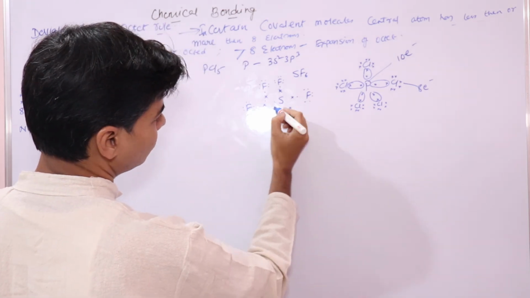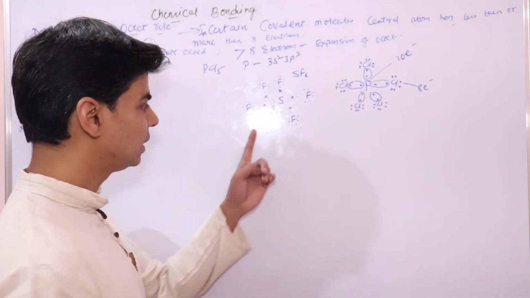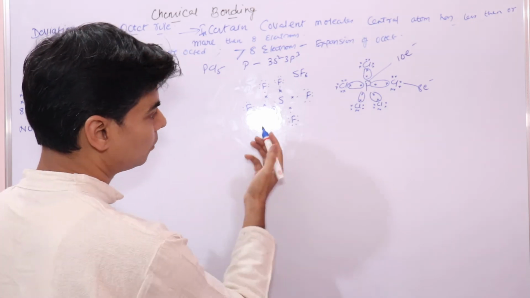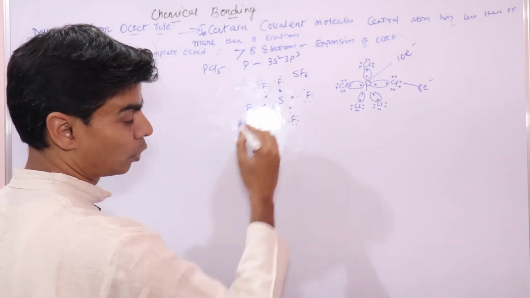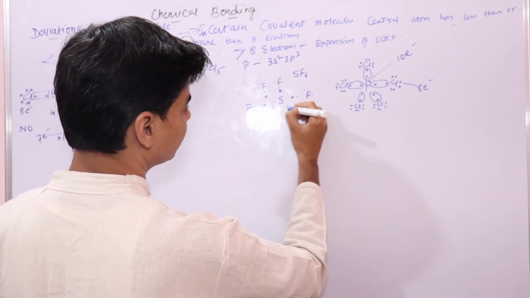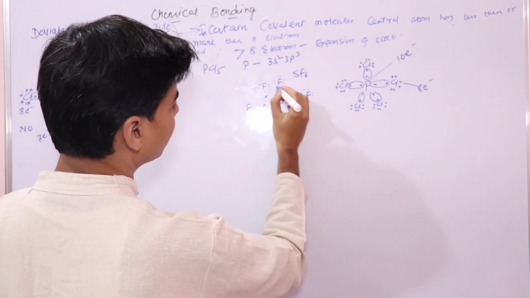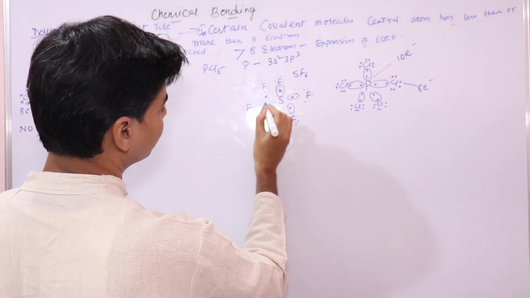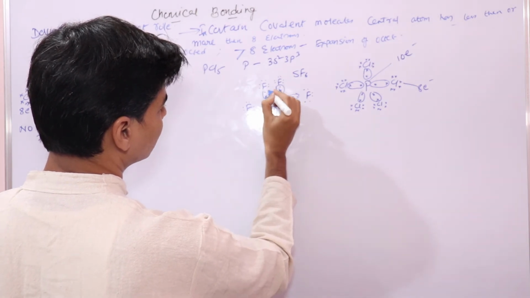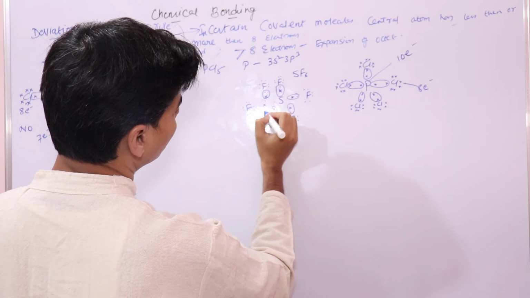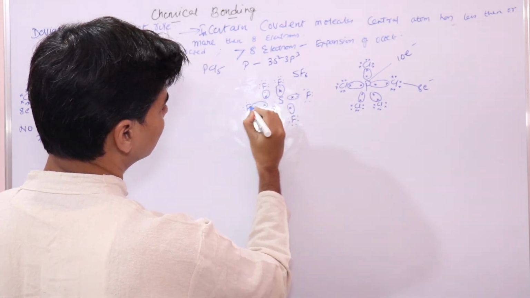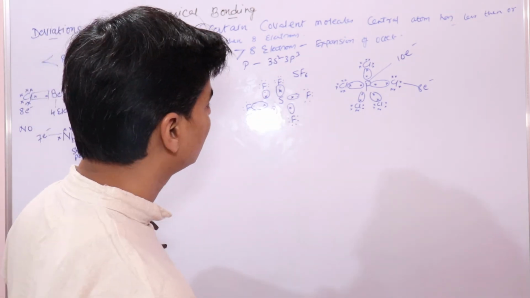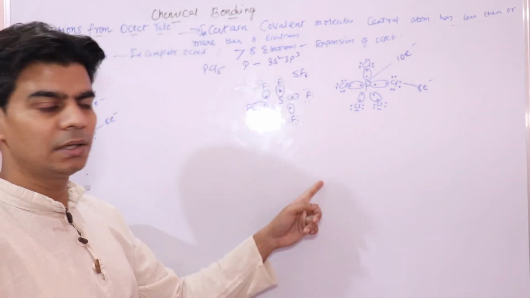So this fluorine has 7 electrons and needs 1 electron, so it will borrow it from the sulfur atom. Similarly, all fluorine atoms will borrow 1 electron from the sulfur atom. Now each fluorine atom has 8 electrons.